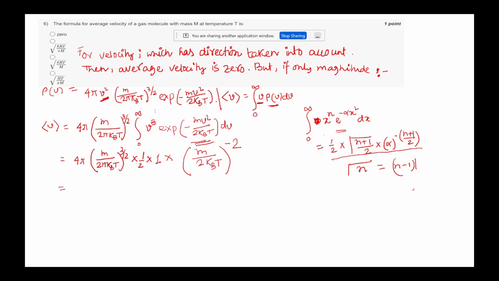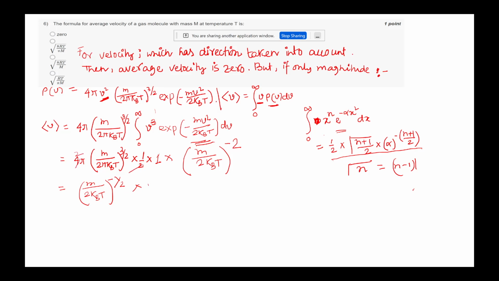Now there is one m by 2 kbT to the power 3 by 2, and this m by 2 kbT to the power minus 2. So this will be m by 2 kbT to the power minus half. This 2 and this 4, this will be 2.